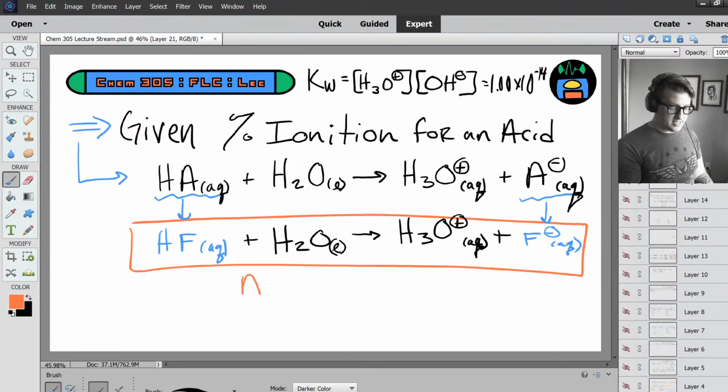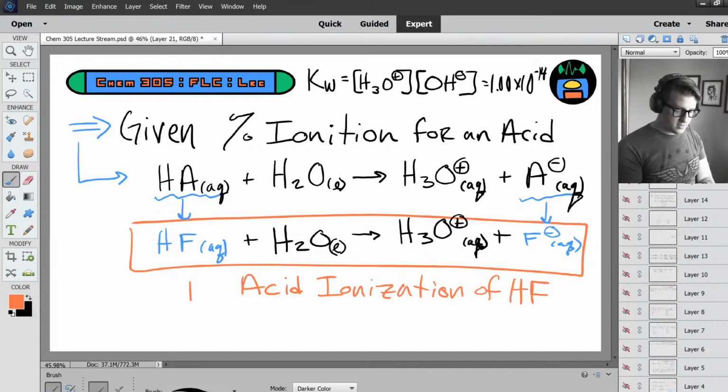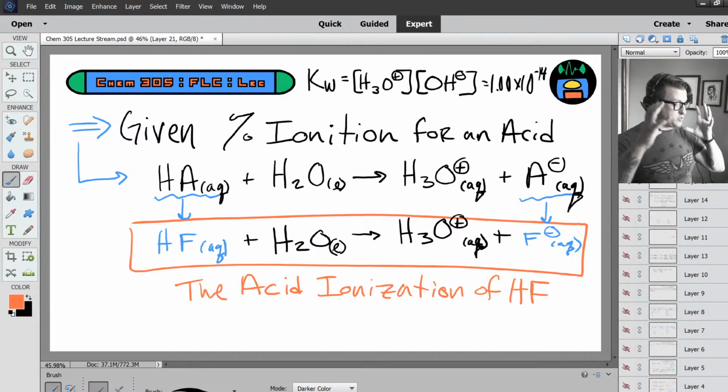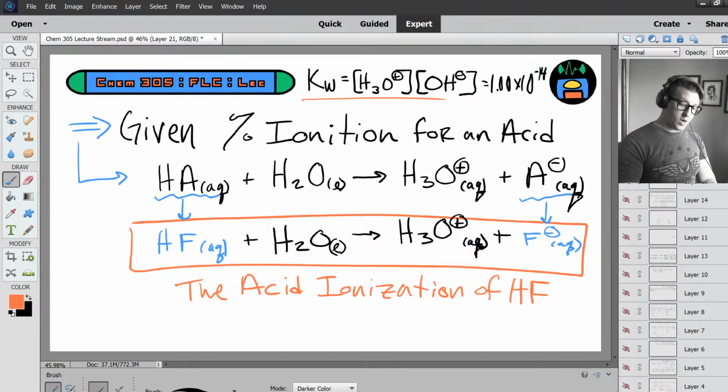All right, so this is the acid ionization of hydrofluoric acid. We then use the percent ionization to figure out how much hydronium is in this solution, and once we know how much hydronium, we use the ionization of water to solve for the amount of hydroxide present.